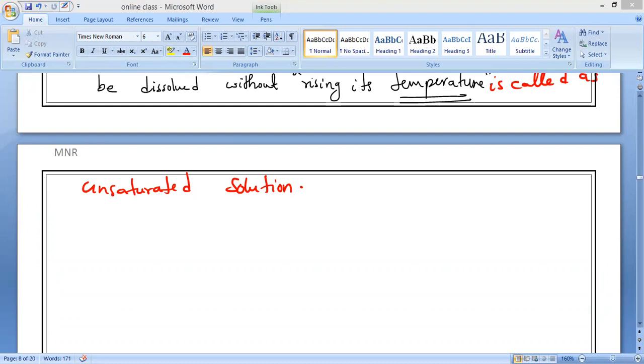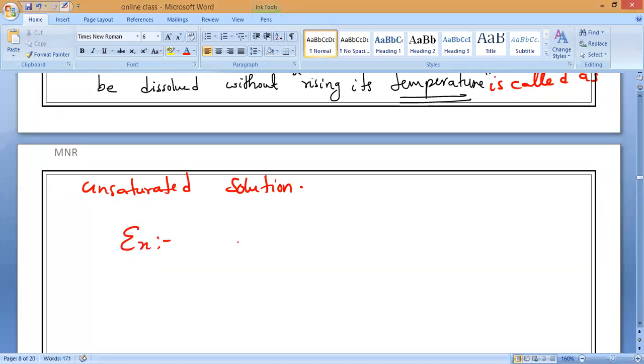Unsaturated solution. For example, you can take an aqueous solution of salt. What do you mean by aqueous? When any kind of solute dissolves in water, the solution is prepared with water.